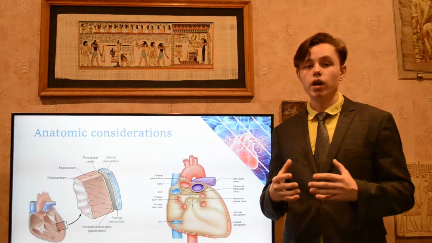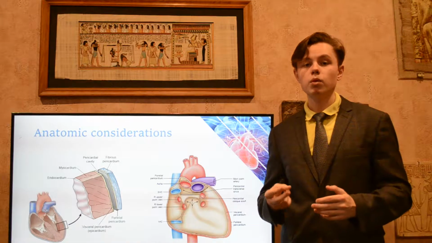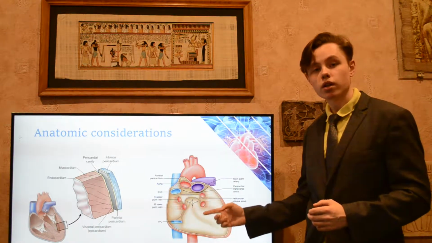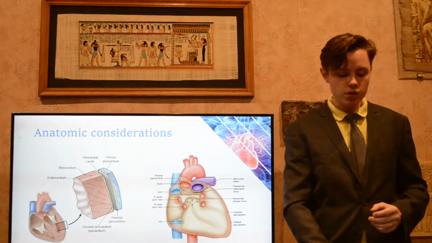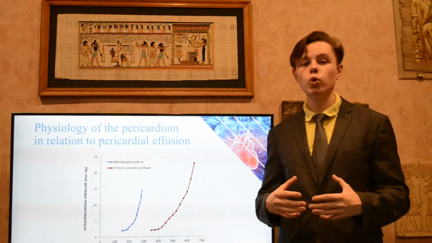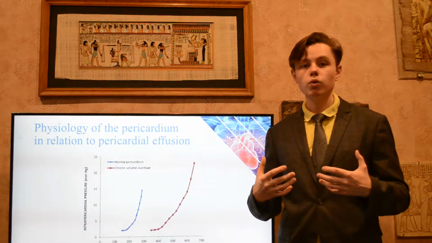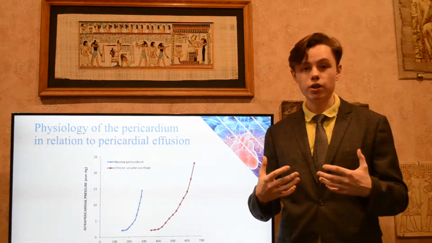The volume of the pericardial cavity can be increased with the help of two sinuses, the transverse and oblique sinuses. But in some situations, even this extra volume may not be enough to keep a necessary level of intrapericardial pressure.